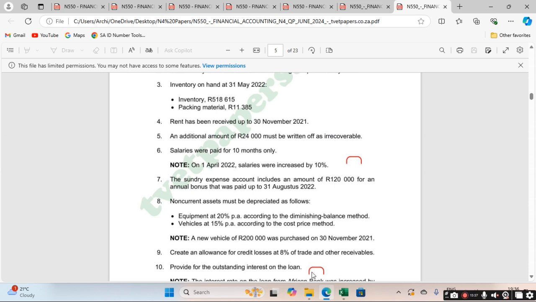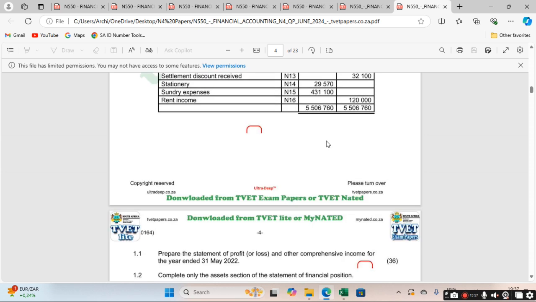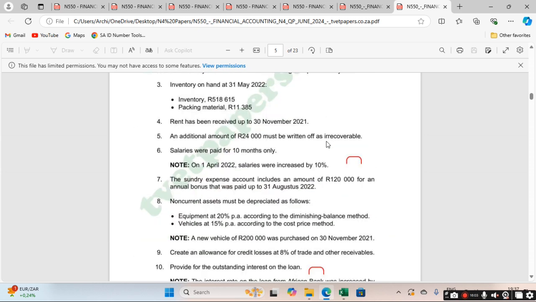So on other operating expenses, we are going to have credit losses of 80,650. We're going to add the 24,000 together with this 8,000 to get our total credit losses for the year. Okay, so we move on.